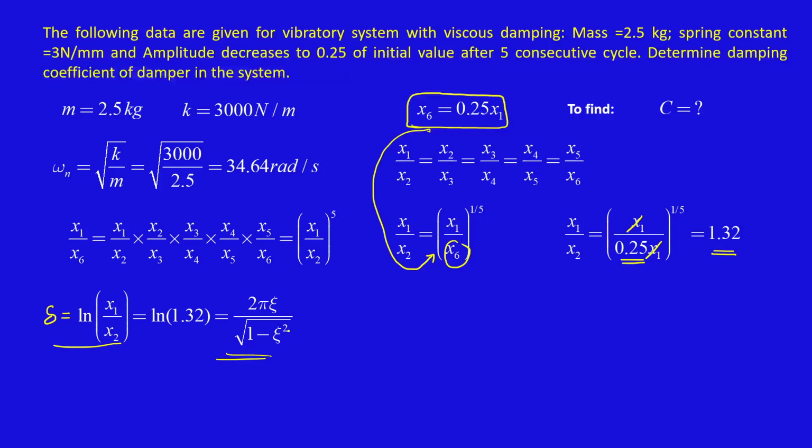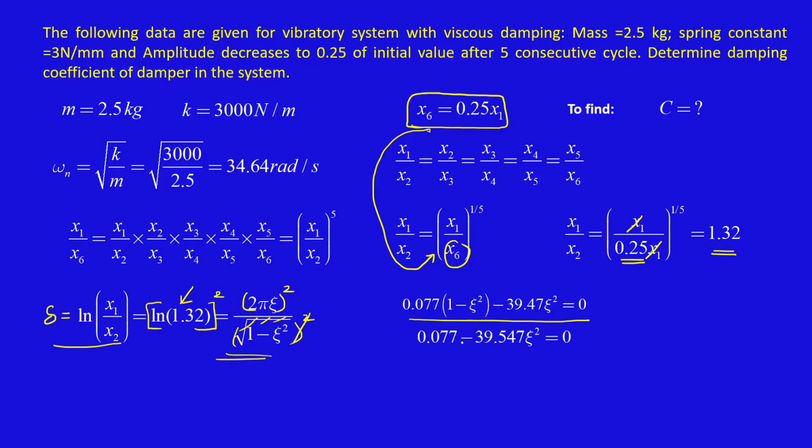From that I can find the eta value. Eta means damping factor. So take the ln 1.32 value, then square both sides. The square and square root will cancel. Here you have to take power 2, so you will get this equation.